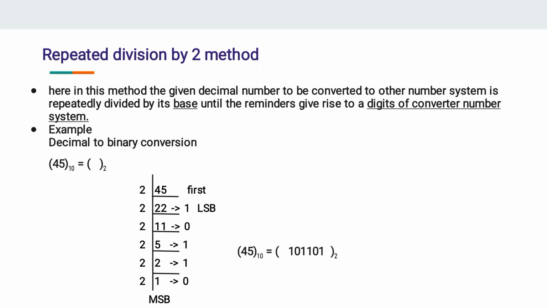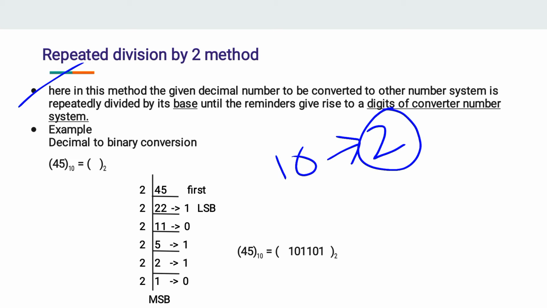So let's see the second method, how we are going to convert the decimal to the other number systems. In this method, the given decimal number to be converted to another number system is repeatedly divided by its base. If you are taking decimal to binary conversion, you have to divide it by 2.